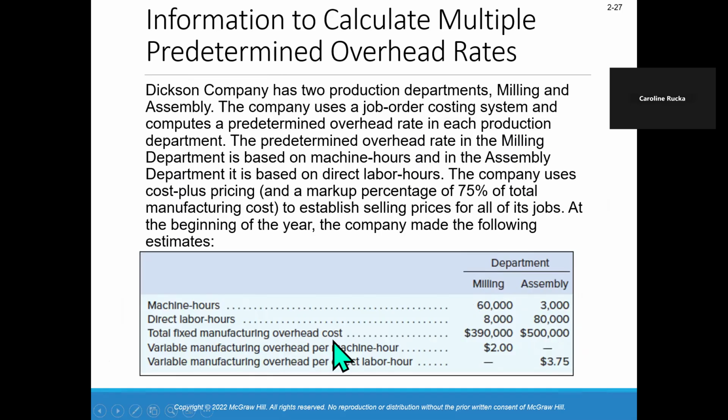Total fixed manufacturing overhead cost, $390,000 for milling, $500,000 for assembly. Variable manufacturing overhead per machine hour. Remember, in the milling department, that's our allocation base, $2 per machine hour. And then for the assembly department, we're using direct labor hours, so it's going to be $3.75.